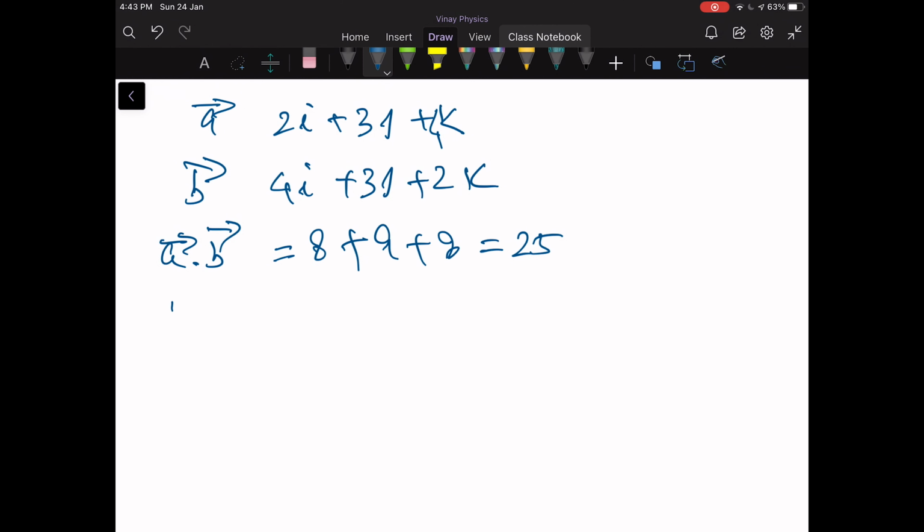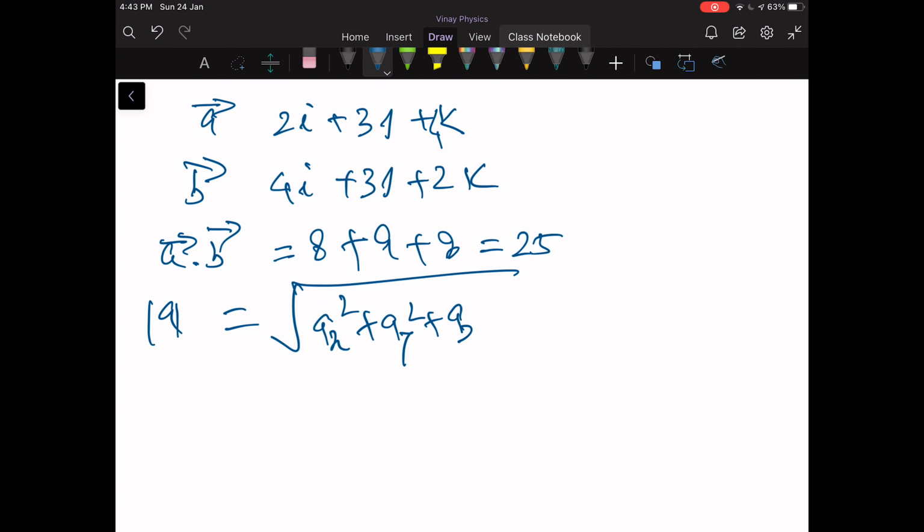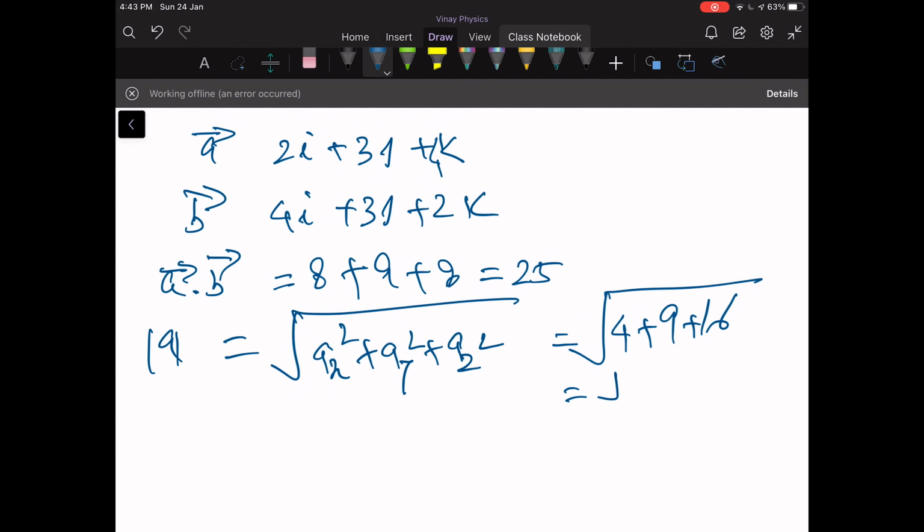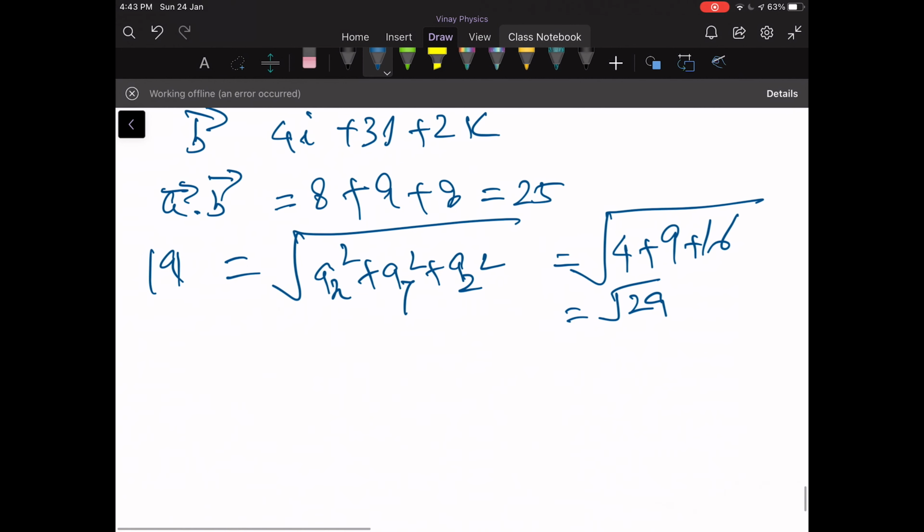Now, we have to find the magnitude of A. So, the magnitude of A is the square root of Ax square plus Ay square plus Az square, which is equal to 4 plus 9 plus 16. So, that is equal to square root of 29.